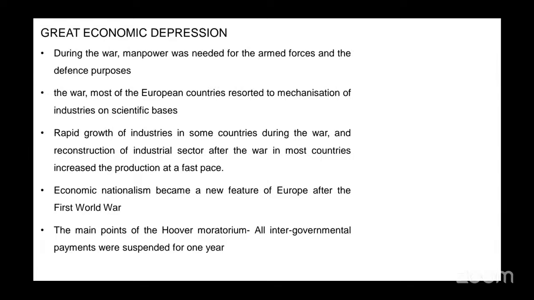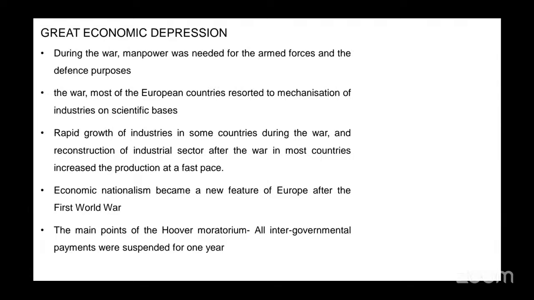In a way, they caused this domino effect where the production of the countries rapidly increased, and economic nationalism became a new feature of Europe after the World War. Now let us understand what are the main features of the Hoover moratorium. So what is this Hoover moratorium?